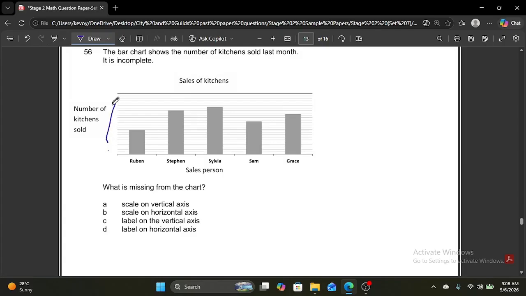I'm not seeing the scale for the vertical axis. We have the label, number of kitchens sold, but I'm not seeing the numbers. So that would be the answer. So the answer is A. I'm not seeing the scale for the vertical axis. Alright, moving on.